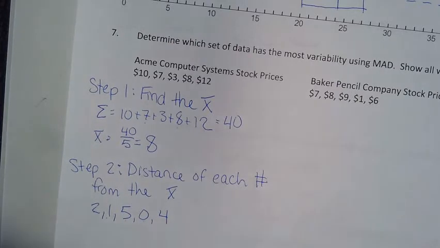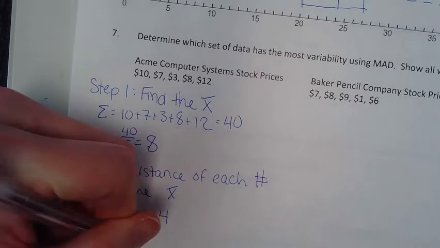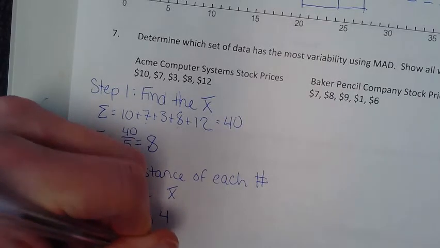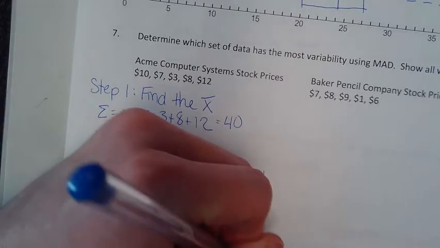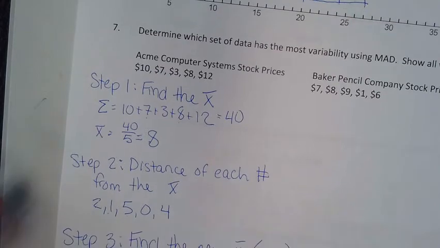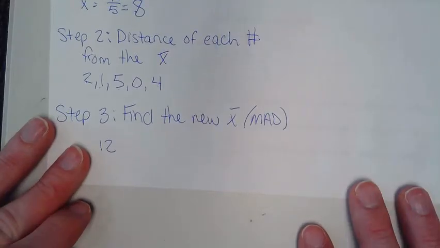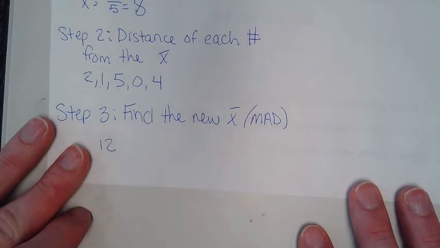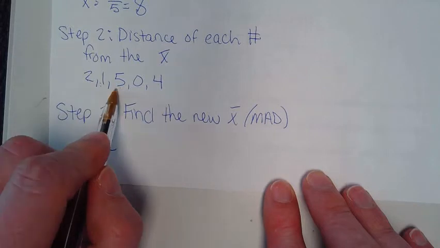So then our last step, step 3, find the new mean, which is our MAD. Find the new mean. So when we added them up, 2 plus 1 is 3, plus 5 is 8, 8 plus 4 is 12.